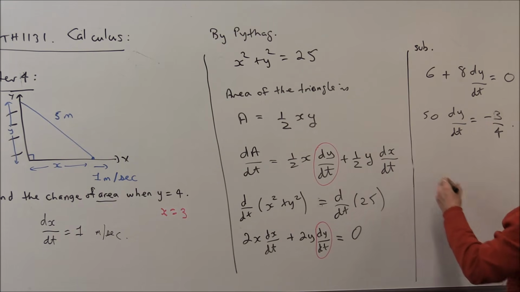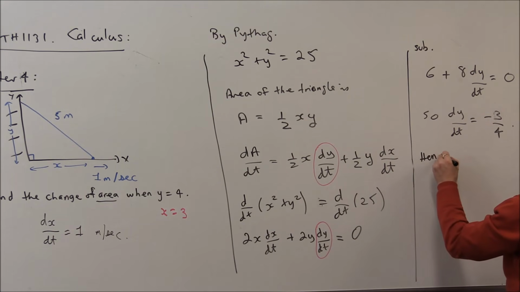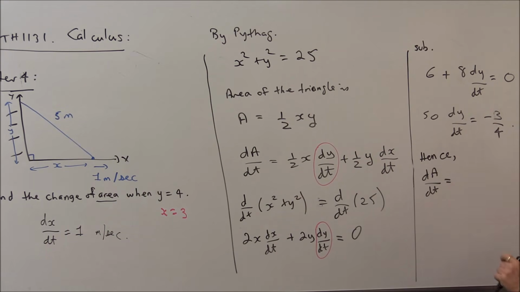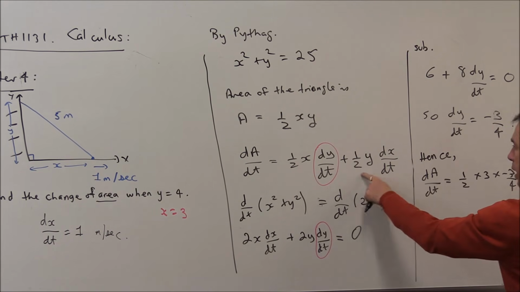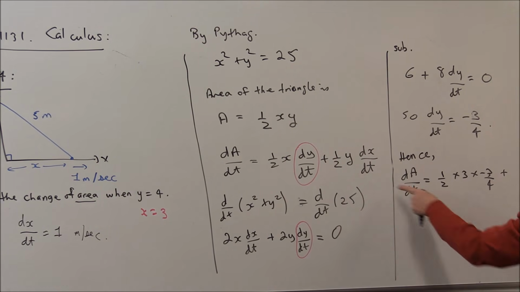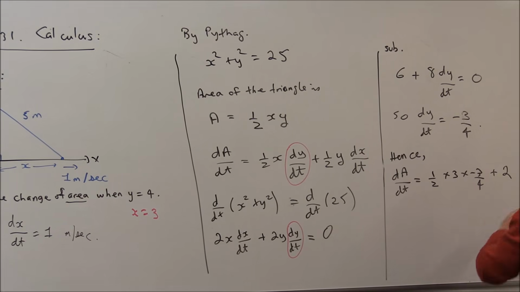Okay, finally, we substitute back to get dA/dt back into our formula. So dA/dt is going to be 1/2 times x times dy/dt, so 1/2 times 3 times minus 3/4, we know our dy/dt now, plus 1/2 times y, that's 2 times 1, which gives me 2.